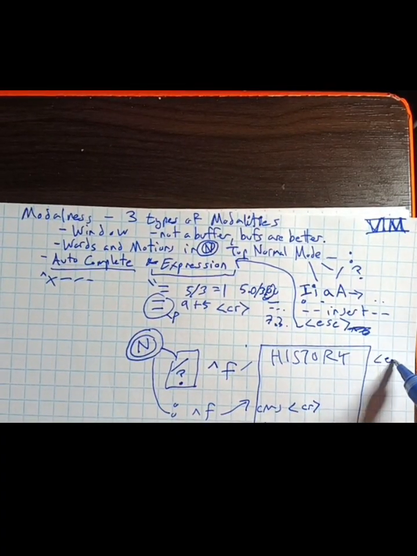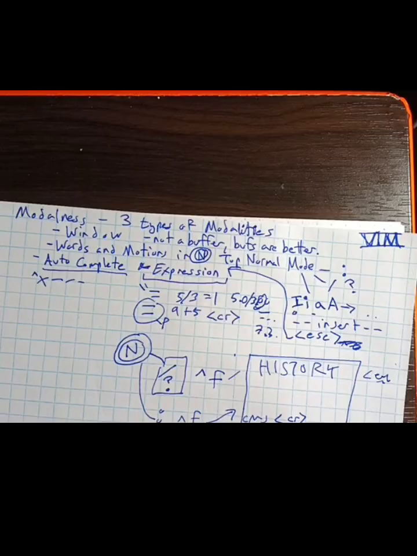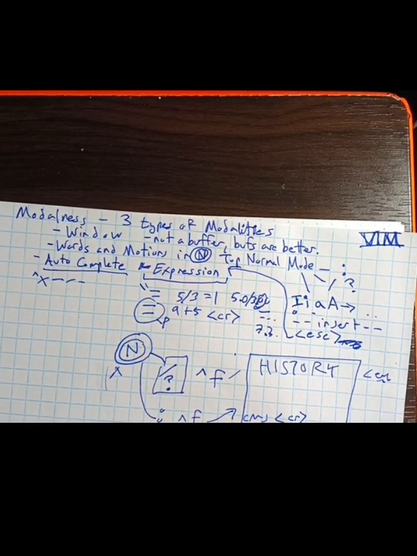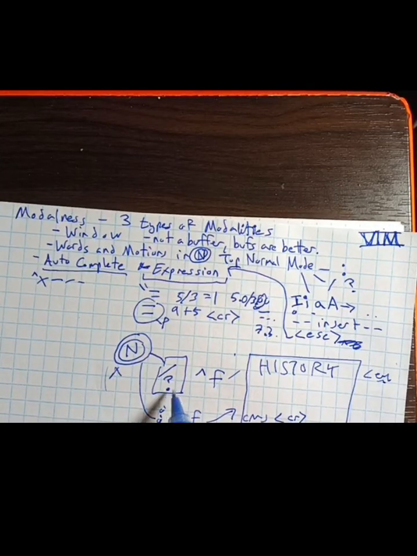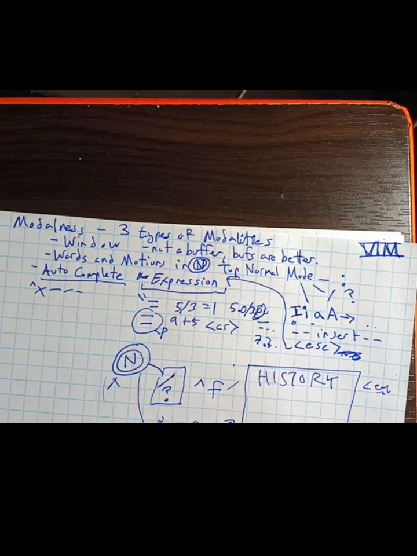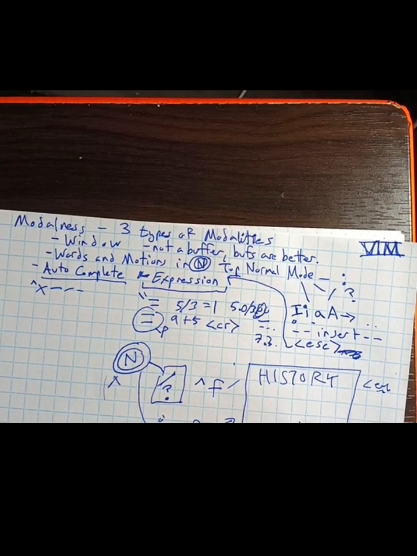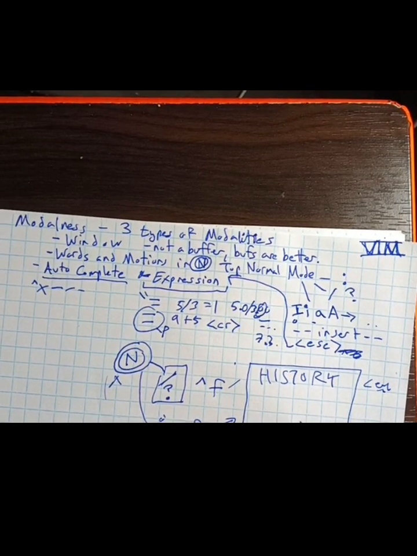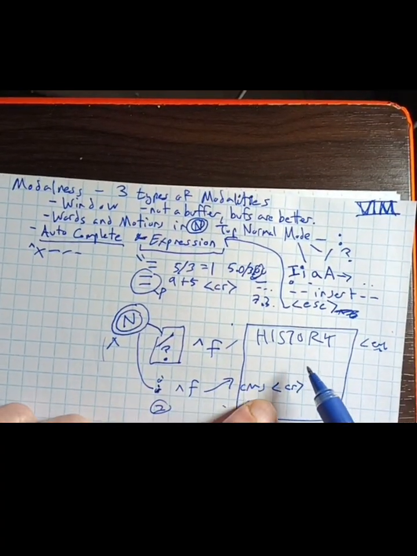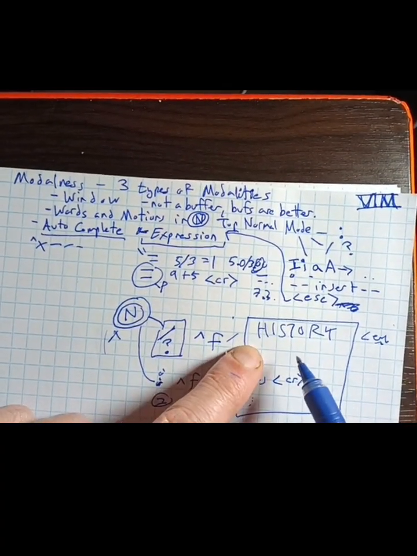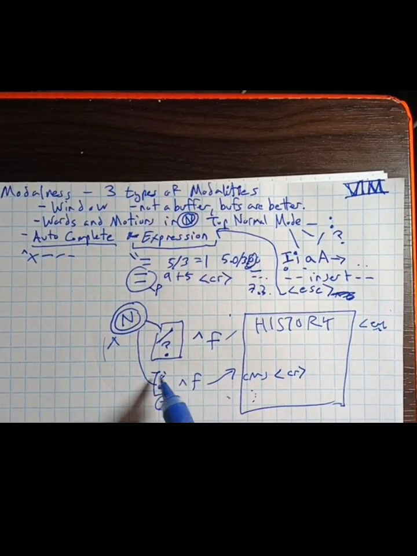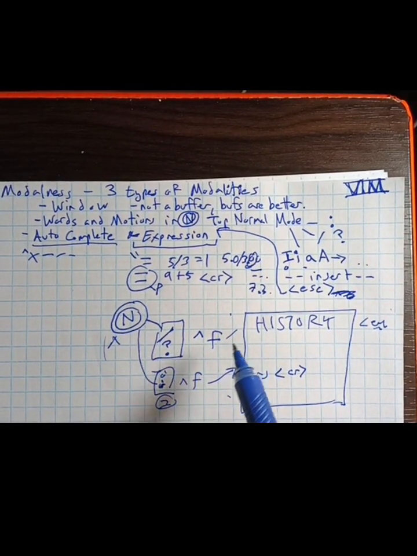So if you hit Enter, it goes right back, all the way around, but right to normal mode. You can also hit Escape to get back out to wherever you were in, the slash or the command prompt or the expression register. And you can hit Control C also. But this can be a bit confusing to be trapped in this history window, because you can't just go switching out, just like you can't switch out of the command prompt or the slash prompt, the search prompt.